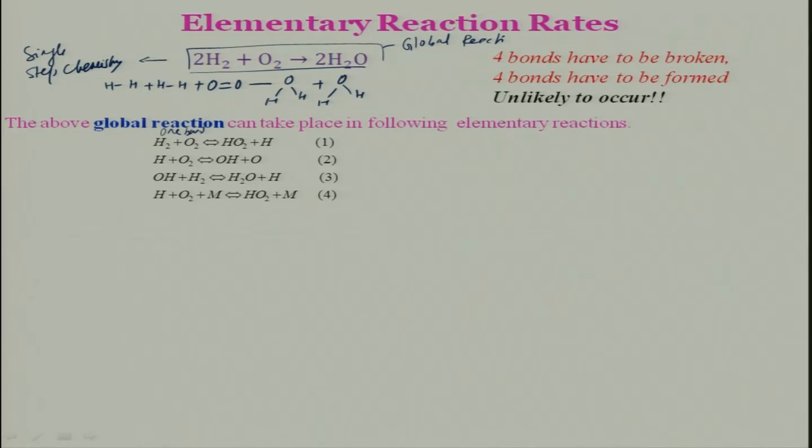HO2 is known as hydroperoxy, right, yes or no, plus H. That means one bond is formed, which is likely to occur. You may say, why not H2 plus O2 go to OH plus OH, is it likely to occur?